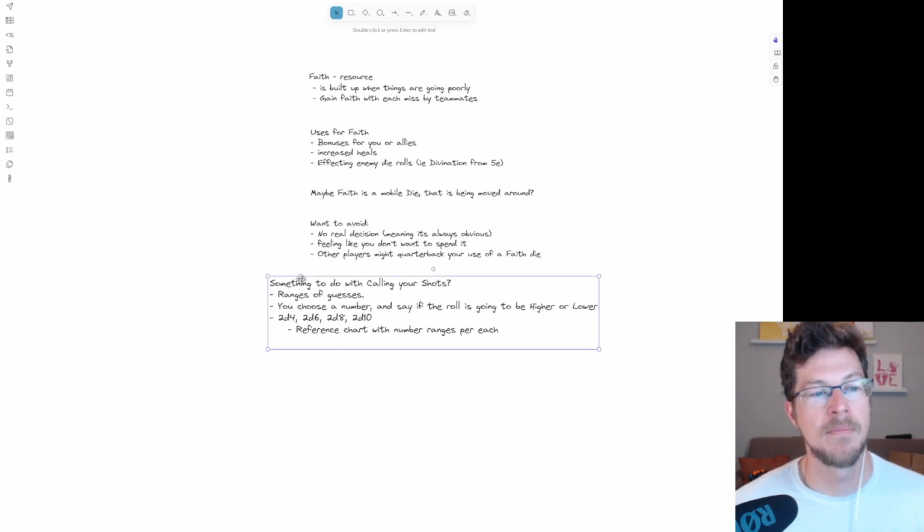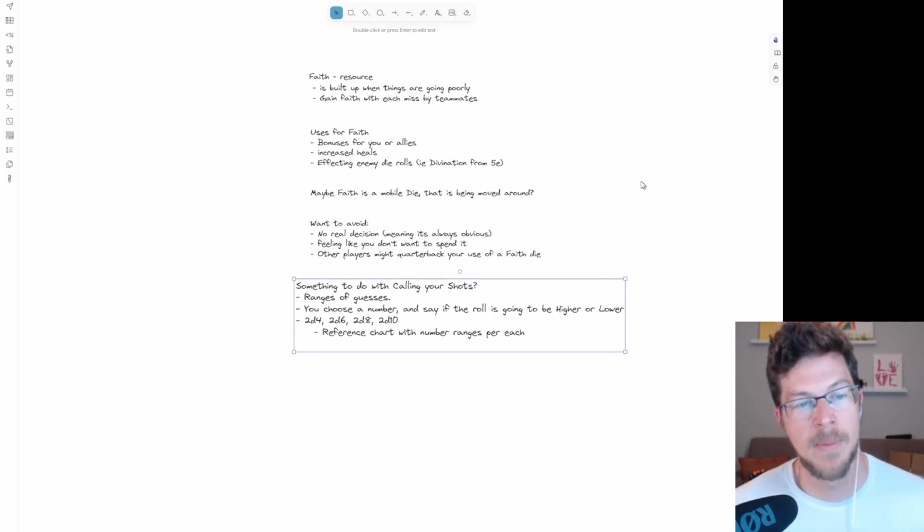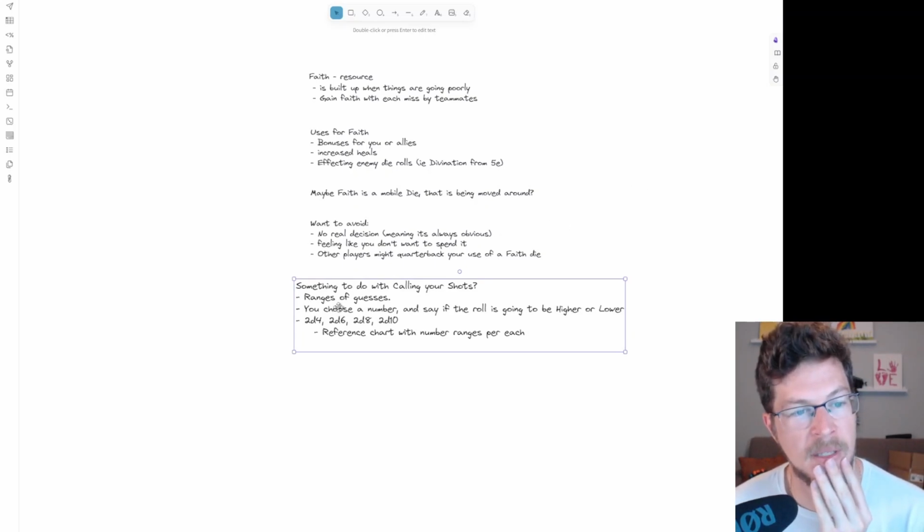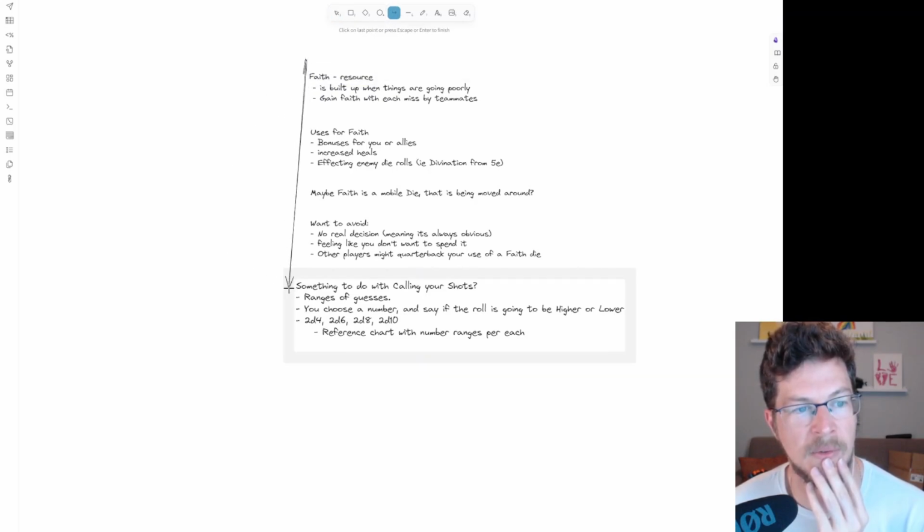And then maybe what happens is that this is the mechanic, but this faith resource, can I curve this? I can't really curve it.